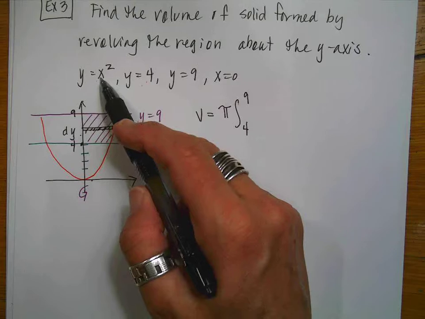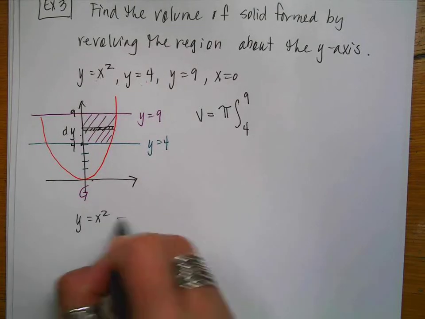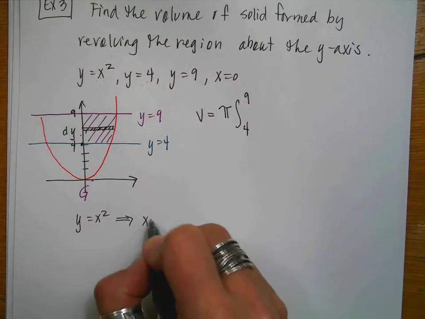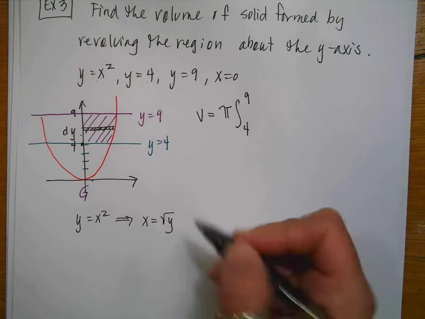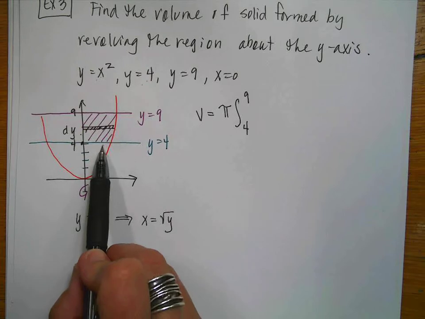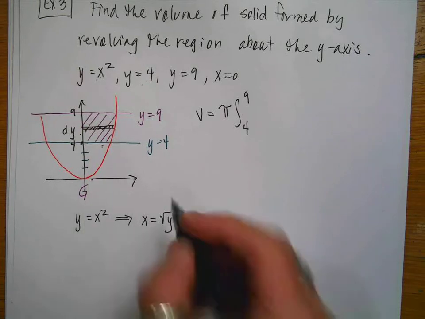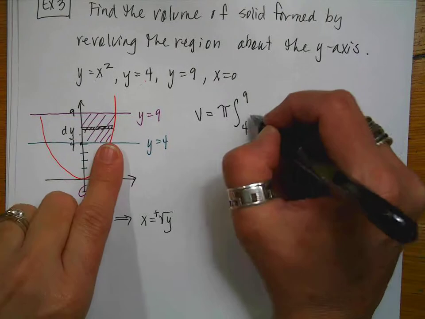But I notice that if I'm going to have a dy, this needs to be in terms of y. So if I have y is equal to x squared, then that's going to become x is equal to the square root of y. So notice that I didn't do plus or minus because my region is in the first quadrant, so I'm only taking the positive root.